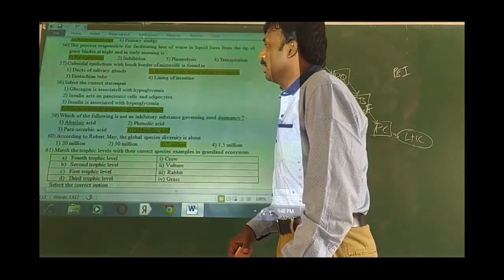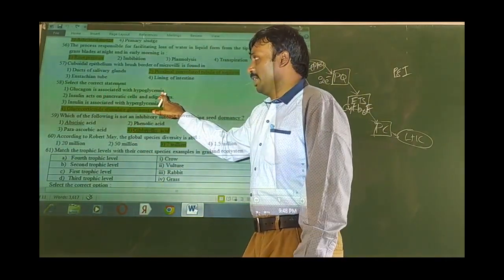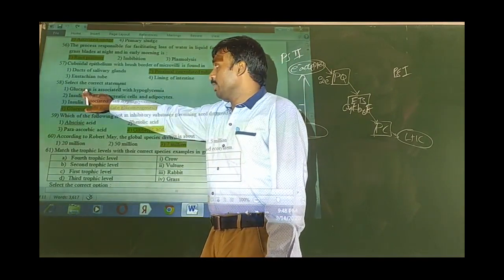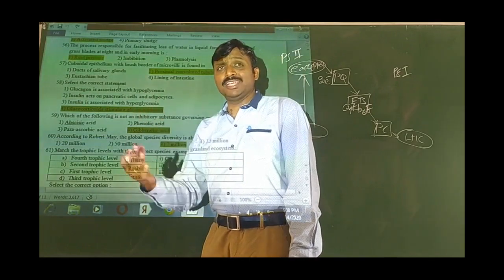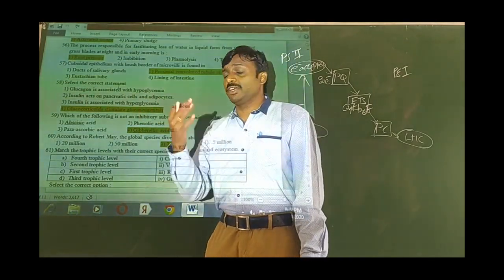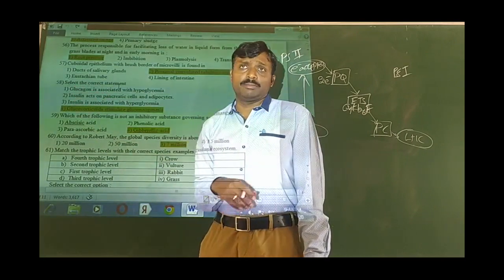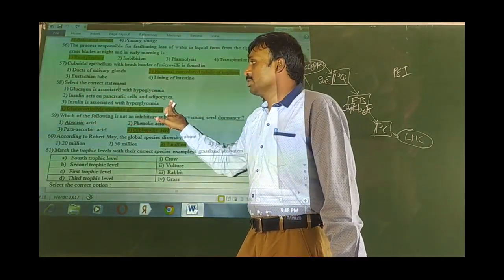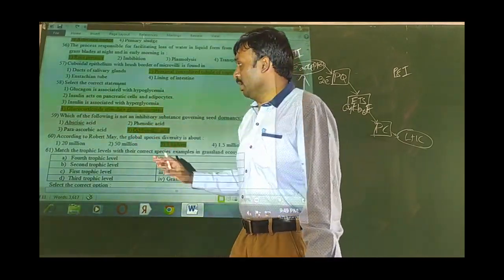Then select the correct statement. Glucagon is associated with hypoglycemia. Glucagon is a protein, not a sugar. Hypoglycemia is a different thing, a disorder not caused by glucagon. Then insulin acts on pancreatic cells and adipocytes. Will it act on pancreatic cells? No, that is a wrong statement.